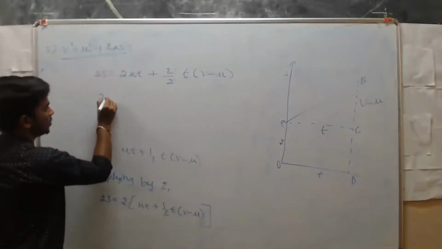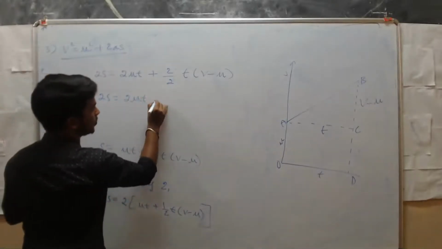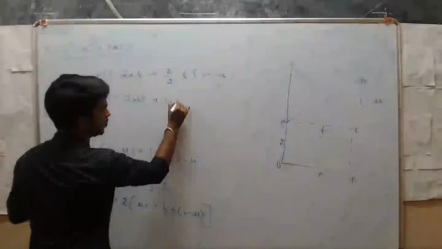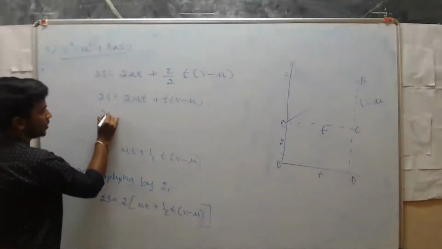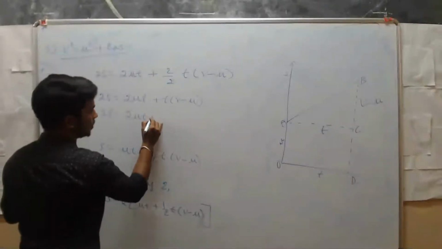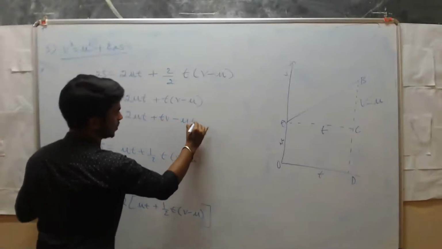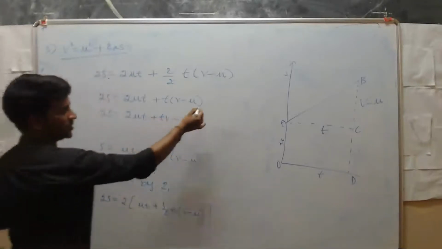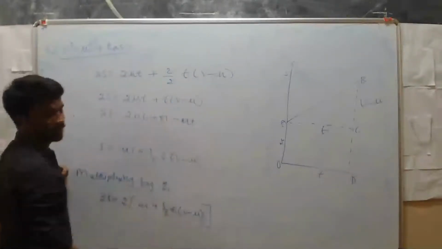We can write this as 2S equals 2UT plus T into V minus U. So now multiply T: 2S equals 2UT plus TV minus UT. You can skip this step. After this one you can write directly this one, no need to write this step.